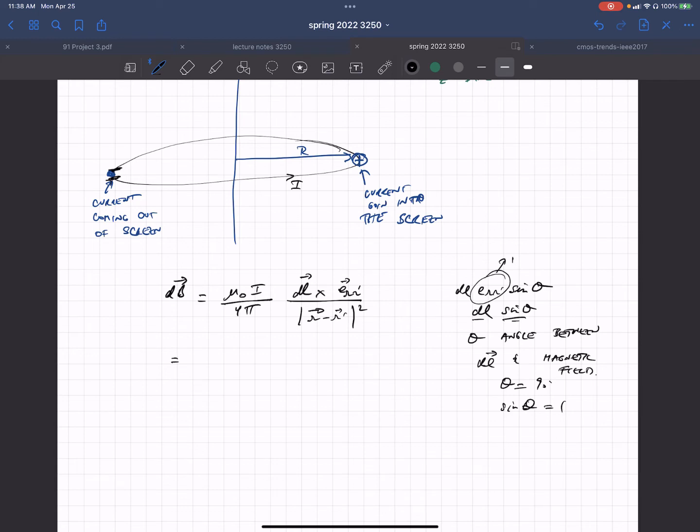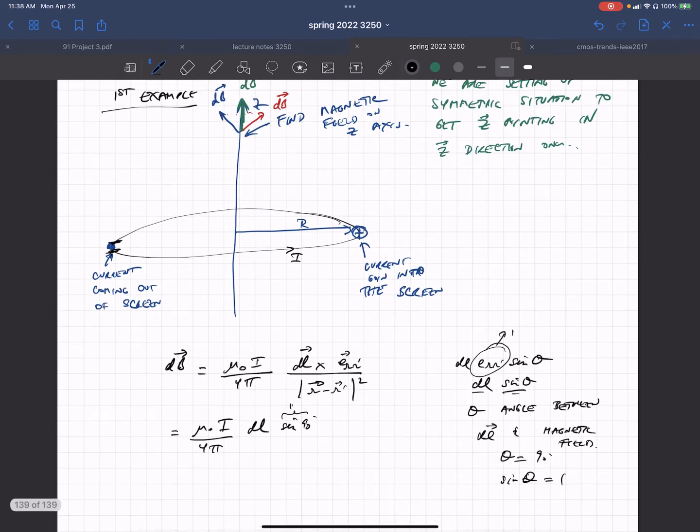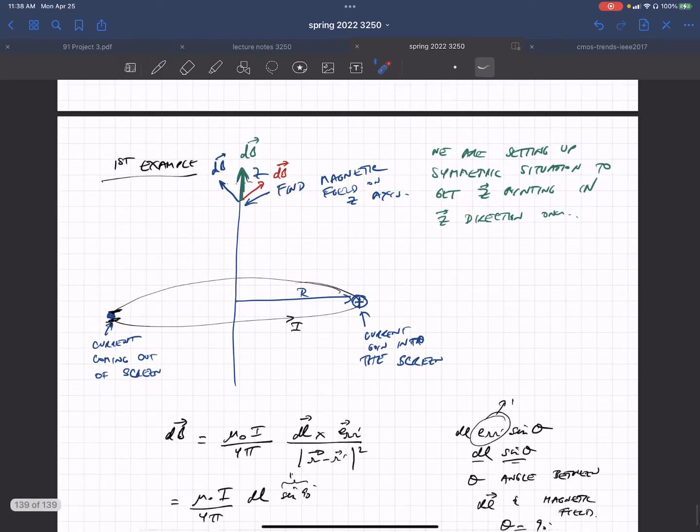Okay, so if I was going to write this over 4 pi, we're going to get dl sine of 90 degrees, or 1. And then we want to figure out, again, by symmetry, let me define this distance as z, and this angle as alpha, as we're using theta for something else.